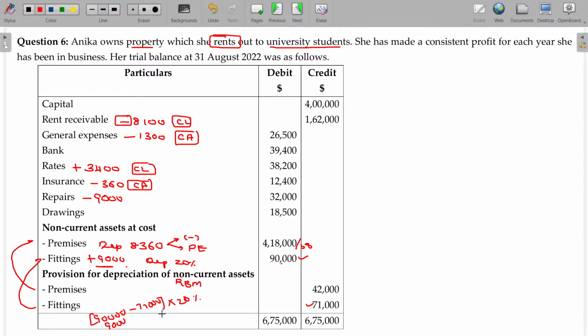So 99,000 minus 71,000 into 20%, 5,600 will be the depreciation. Depreciation here being 5,600 will be a P&L section expense, as well as addable to the provision for depreciation.